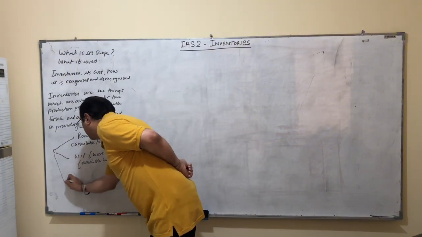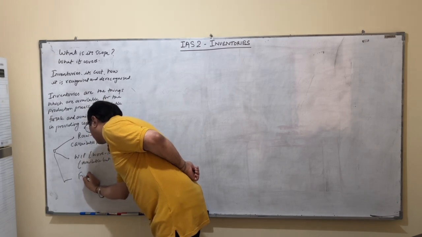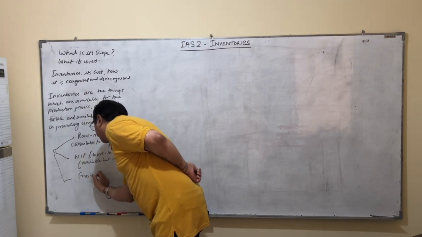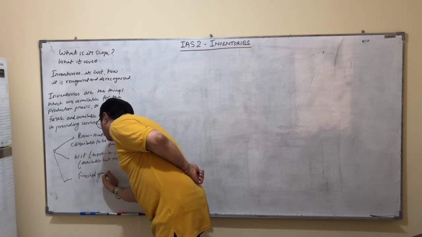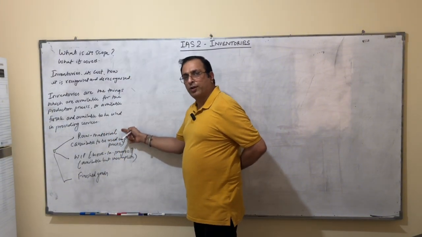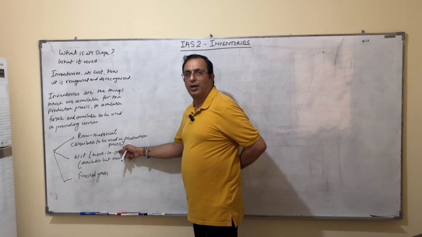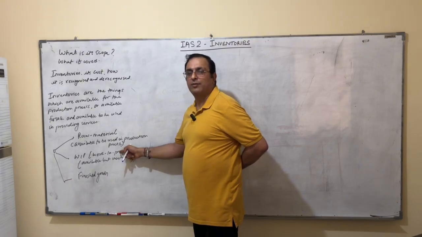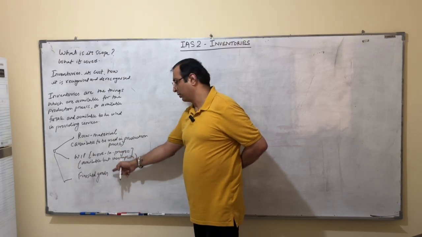Now, the last is finished goods. Now, my raw material is processed. At one point it was work in progress. Now it is finished. It has been converted into finished goods.